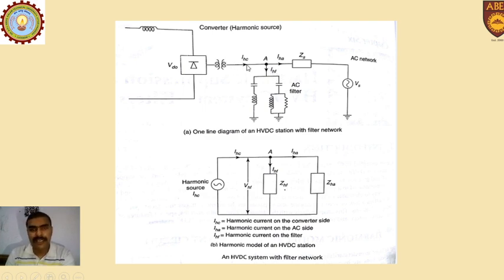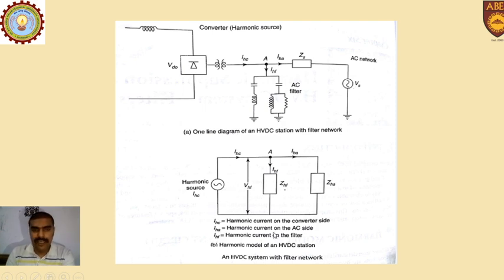So this filter will provide a low impedance path for the harmonic component current, and that harmonic component current will pass through this filter and be grounded. So it will filter the harmonics at this point, and the filtered output will reach the AC terminal.